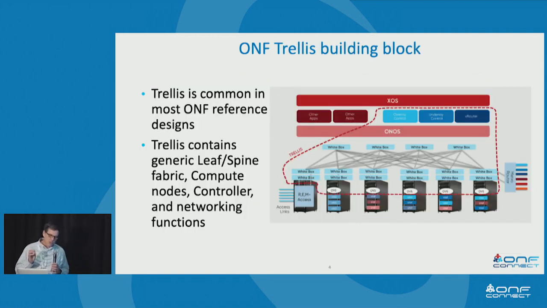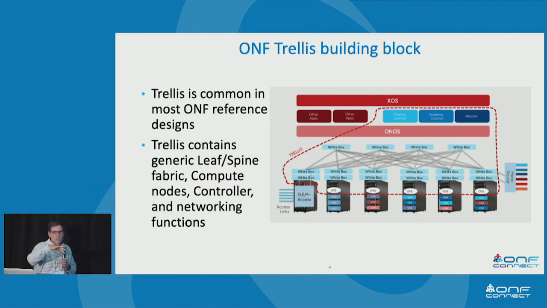So again, what is Trellis? It's the common piece that's used throughout all these ONF designs. Well, it's a leaf and spine fabric design for the networking portion. On top of that it includes an ONOS controller from ONF to control those networking nodes, with applications on top of that controller.